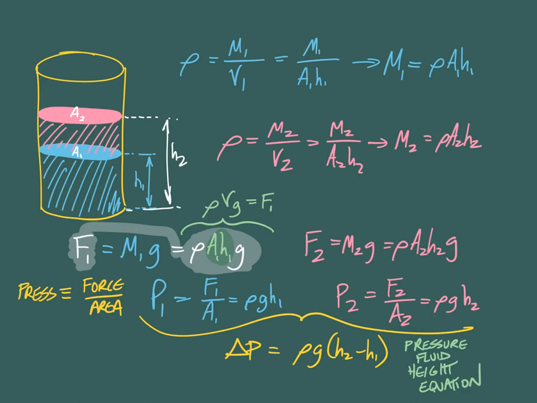Okay, so when we bring pressure fluid height together with the buoyant force, that's how we come to that conclusion. That's what you'll read in any book, the mass of the fluid displaced equals the mass that was sunk, so to speak, in the floating condition. All right, so we get back the buoyant force from that analysis.